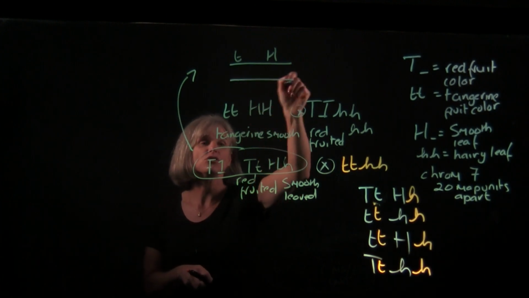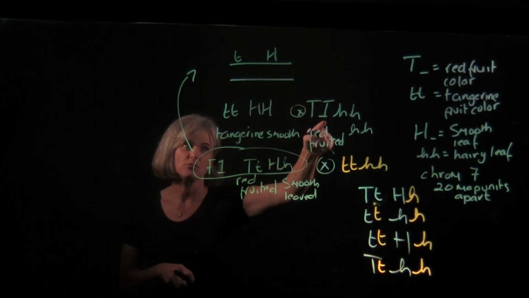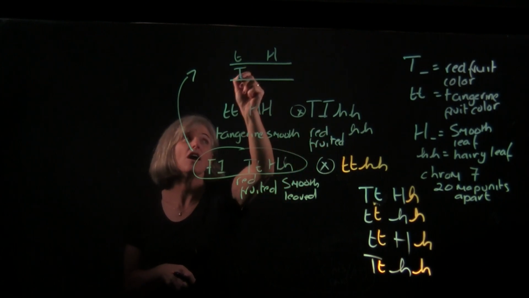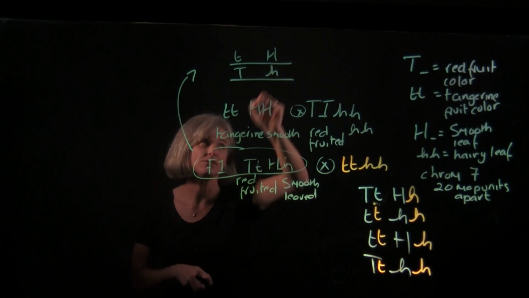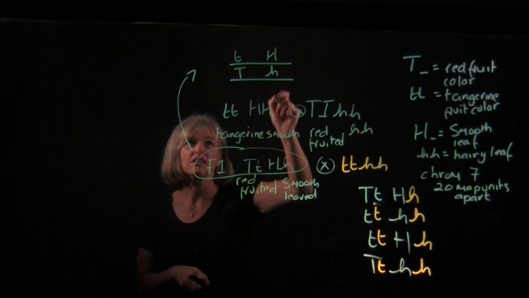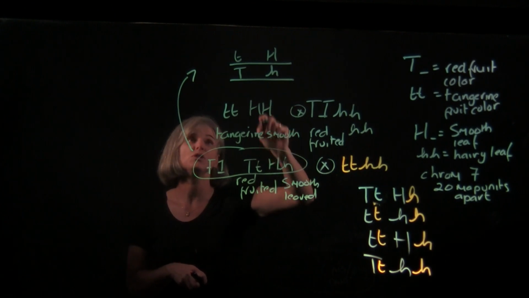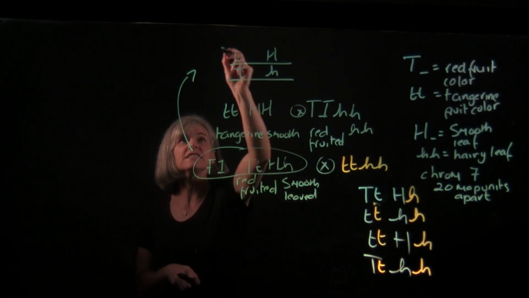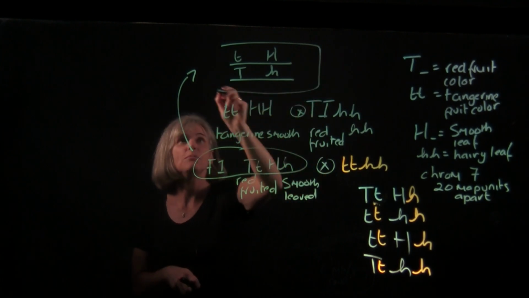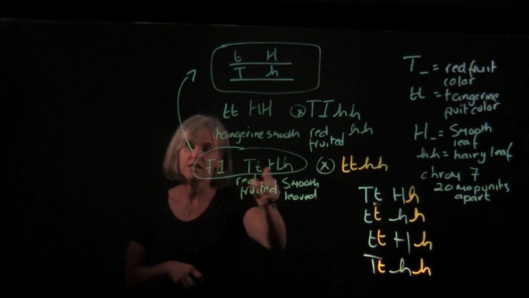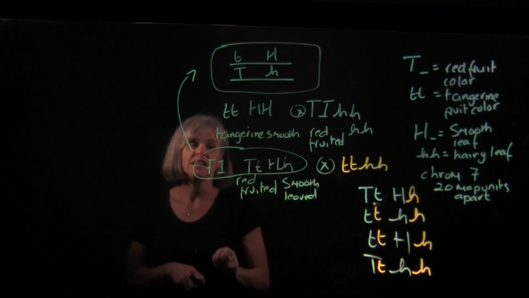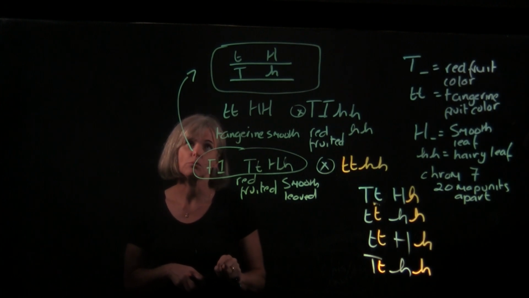And the second chromosomal contribution came from this parent, which had the dominant allele controlling fruit color linked to the recessive allele for hairy leaves. So this here is what the meiosis looked like in this F1 dihybrid. The phase of linkage is repulsion. The genes are coupled in repulsion.